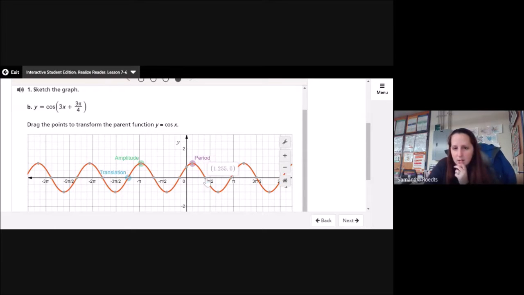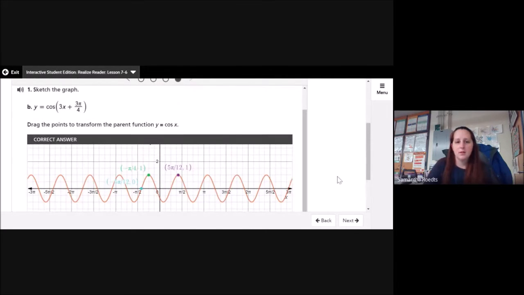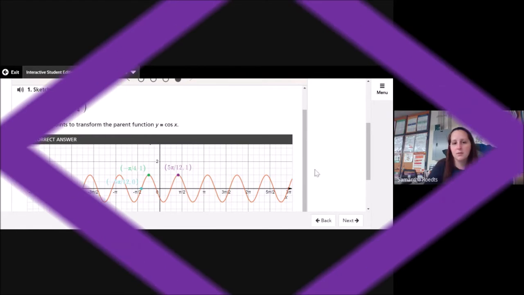Make a couple points. And we can see that ours looks very similar to what they have graphed. So negative 5 pi over 12, which was our vertical shift.